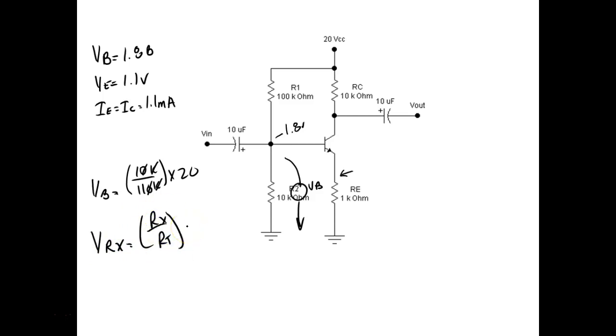That's the ratio right there. And then we just multiply that by our source voltage. Of course, here we call our source voltage VCC because it's the collector voltage. But this is true, guys, for any series circuit with two or more resistors.